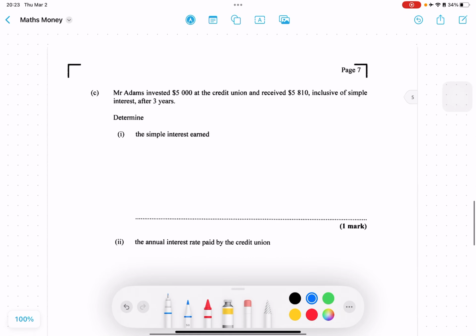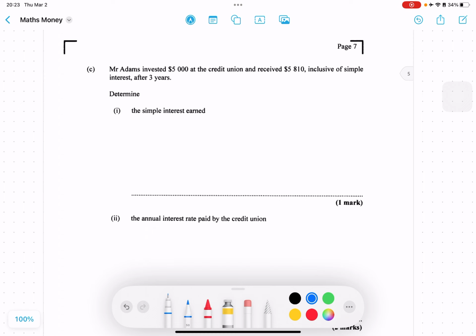Okay, so let's take a look now at simple interest questions. So Mr. Adams invested $5,000 at the credit union, and he received $5,810 after 3 years. So they simply want us to determine the simple interest earned during that time, and that's very simple. But before we even do that, let us identify all the different points of the question.